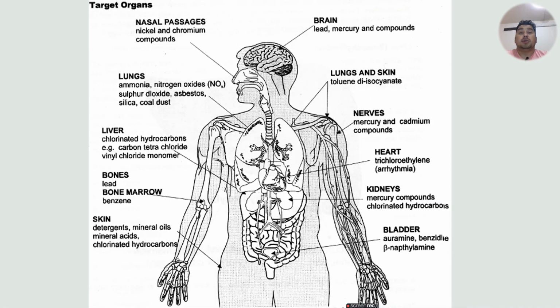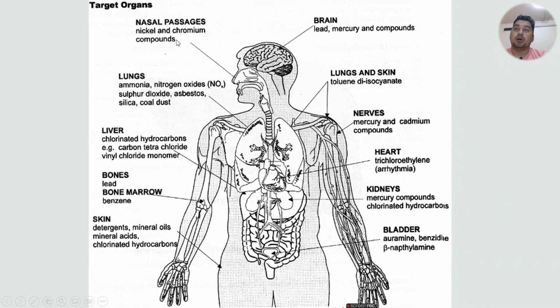Now, target organs: which part of the body will be targeted by chemical substances or hazardous substances? It will affect our brain, nasal passages, lungs, liver, bones, skin, bladder, kidney, heart, and nerves.